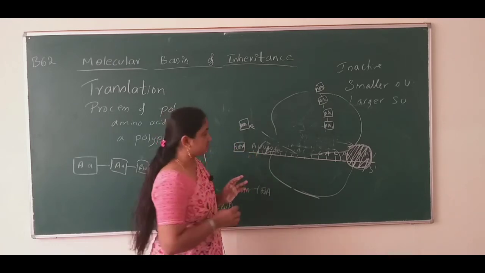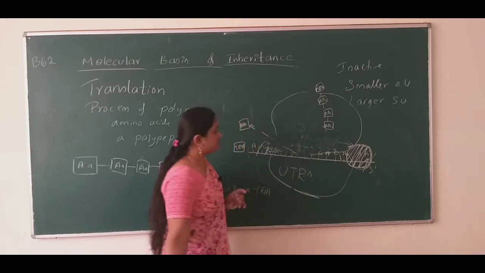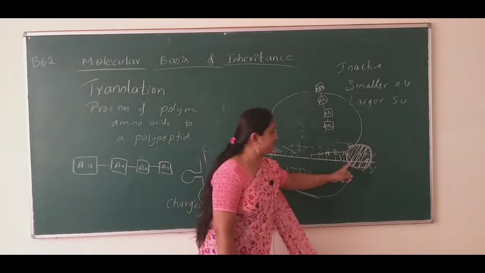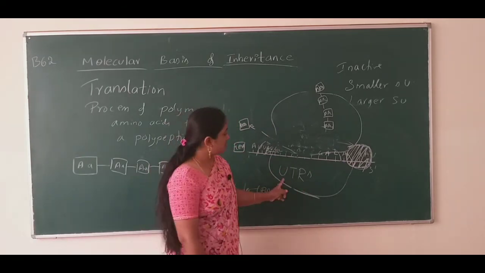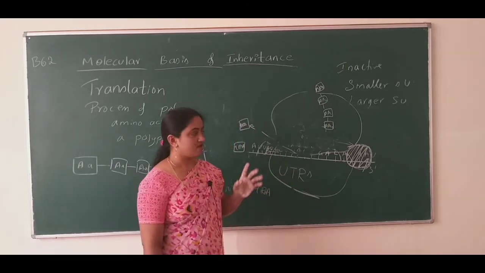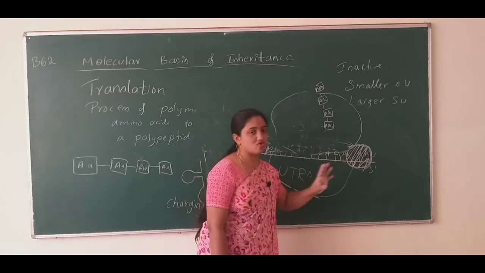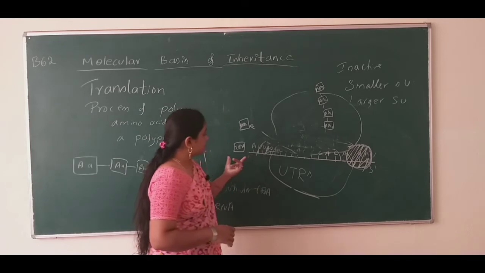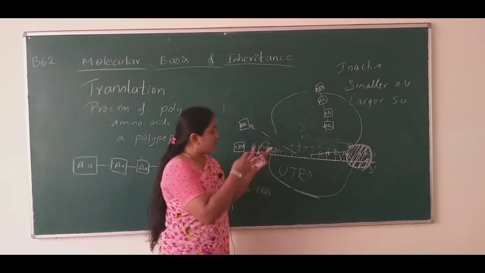One more thing I should tell here: the mRNAs will be having UTRs. What are UTRs? Untranslated regions. When the translation process keeps moving codon by codon, untranslated regions are there to end the process.